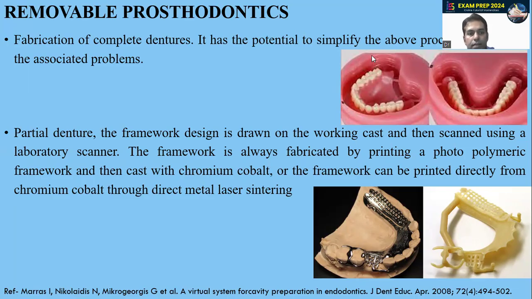Either we can scan the framework design, and then it can be printed with photopolymeric framework material, and then the casting procedure with chrome cobalt will take place. Otherwise, it can be directly printed, and the material used for this printing is chrome cobalt metal.